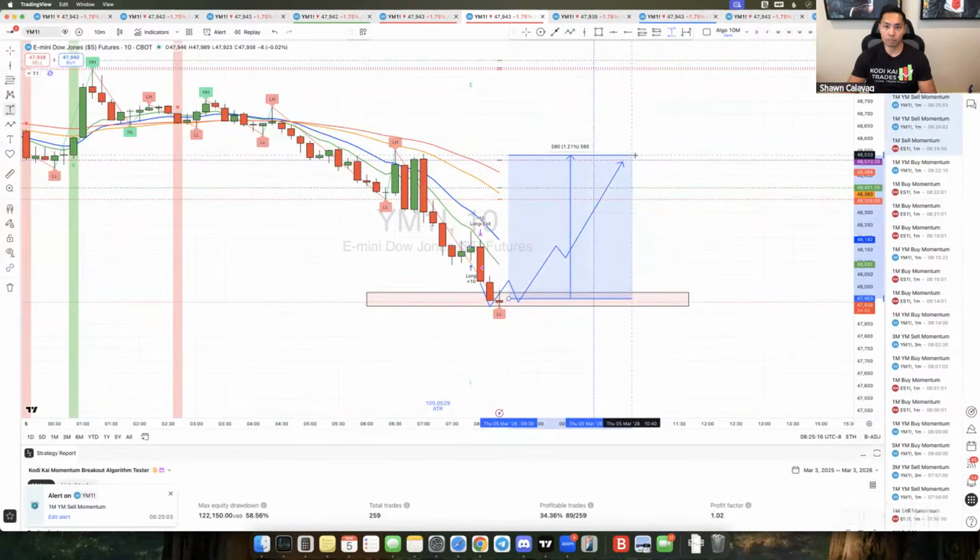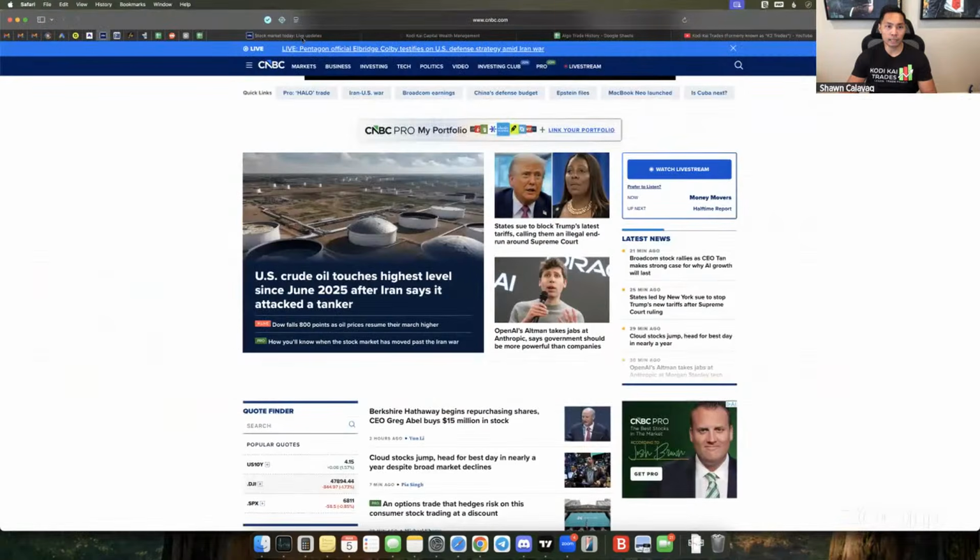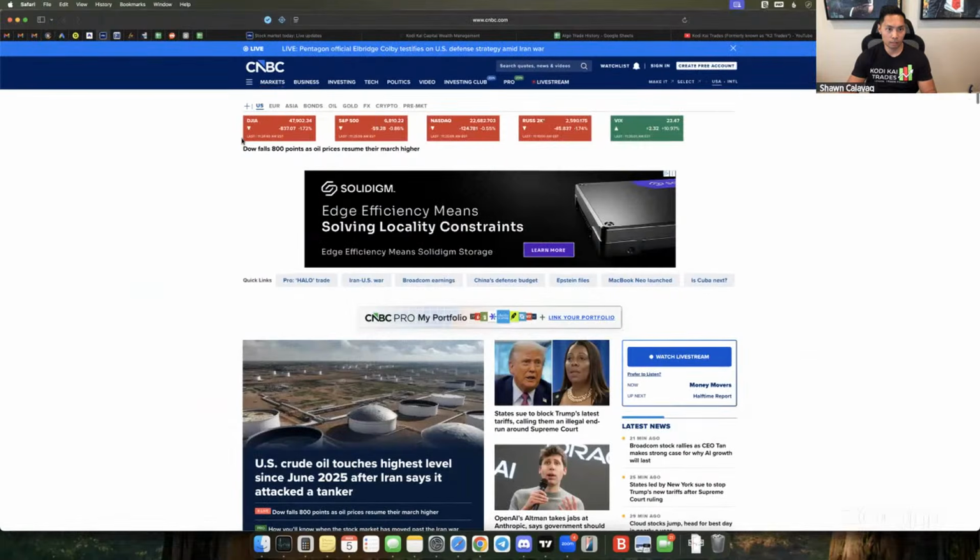This is a 600 point correction. The Dow is currently down 800 points, so I'm expecting a correction here, guys. There's no way this market's going to close at negative 800 for the day. It's probably going to push up maybe 300 points. I could see the market closing at negative 500, maybe negative 600, but I don't see it holding below that.